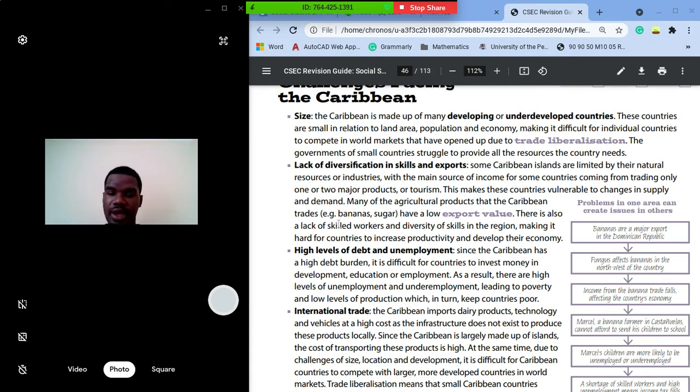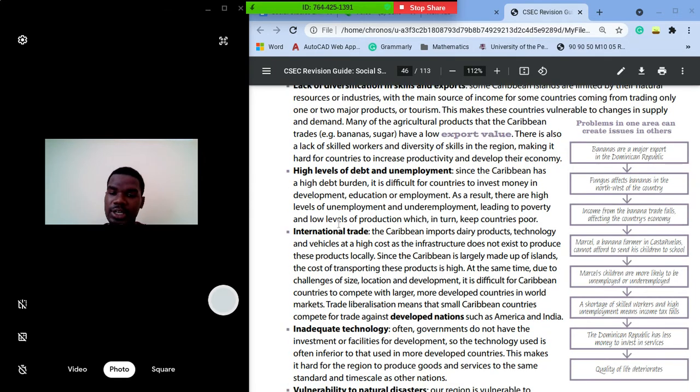And the final one was international trade, because the Caribbean countries are made up of islands. The only mode you can use is air or boat. So the cost of transportation is higher versus mainland countries, where you can travel by vehicles, roads.